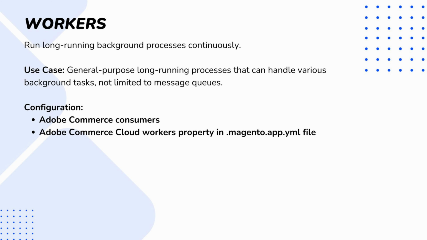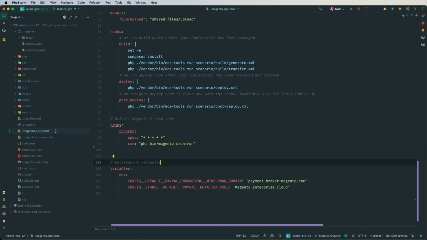Alright, and we are in the magento app YAML file, and here we can notice the Crons configuration section, and this is actually the default configuration for all the Adobe Commerce Cloud instances. What we have here: cron run is the name of a cron, spec is the time when this cron should be executed, so this is equal to executed every single minute.